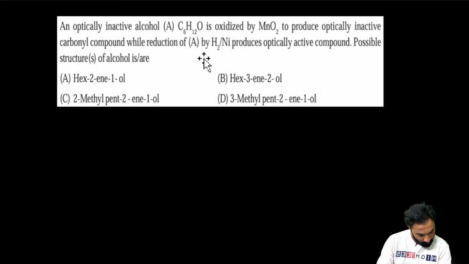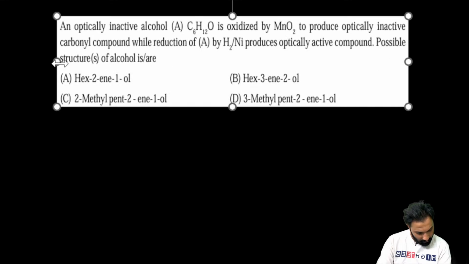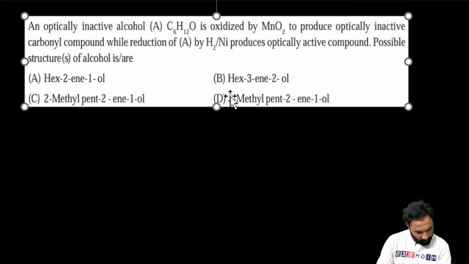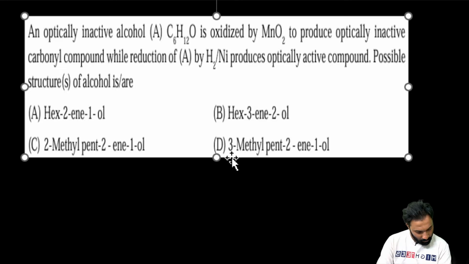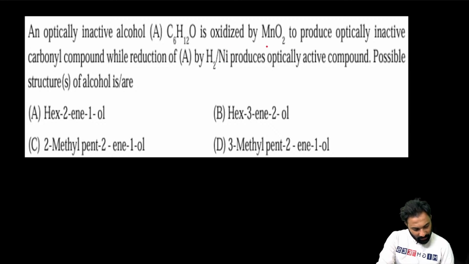Here one question they have given: an optically inactive alcohol A is oxidized by MnO2 to produce an optically inactive carbonyl compound, while reduction of A by H2/Ni produces an optically active compound.